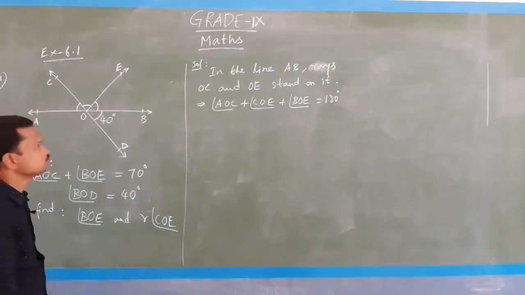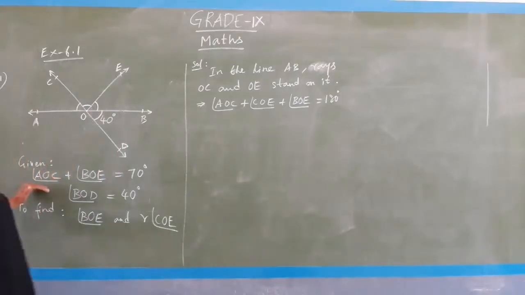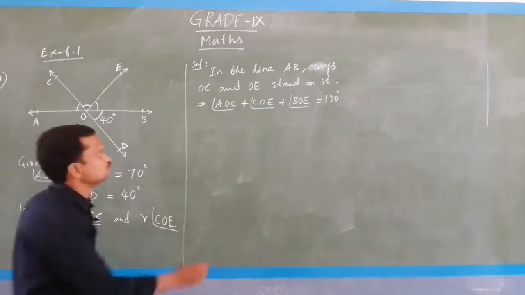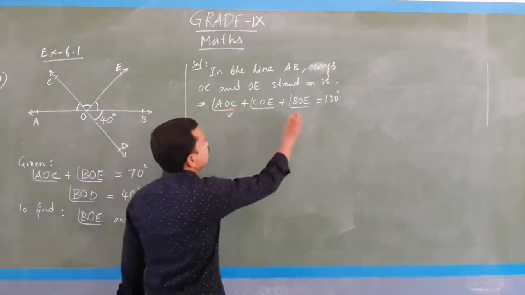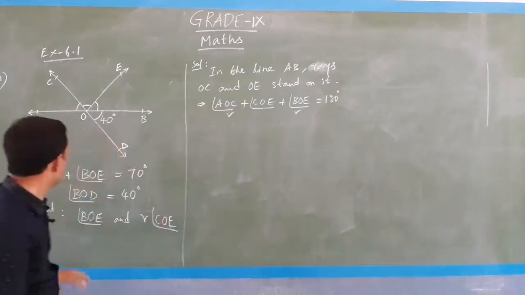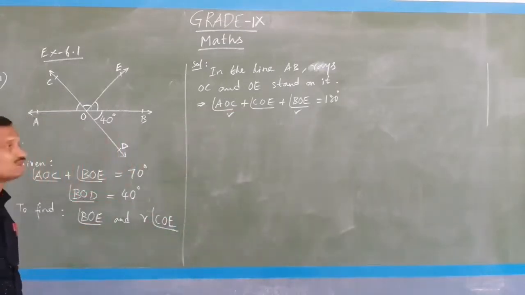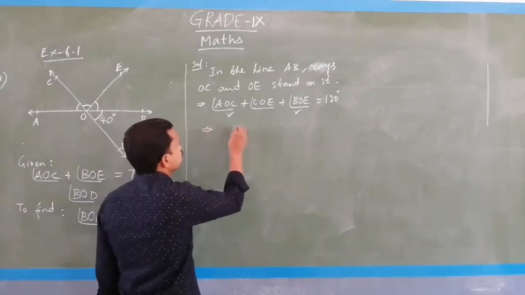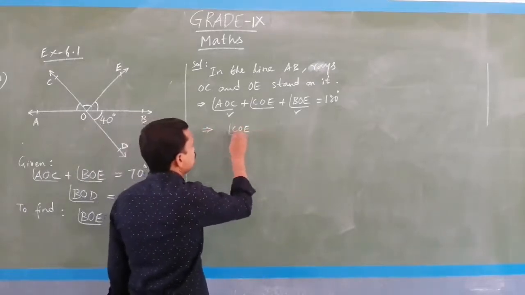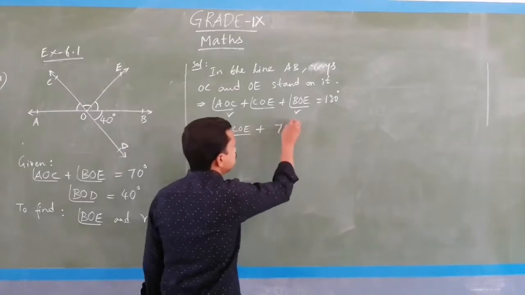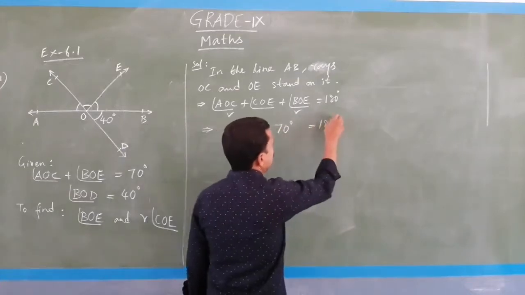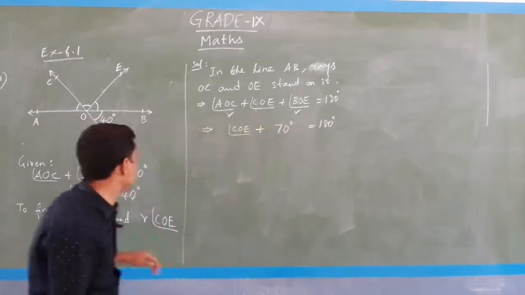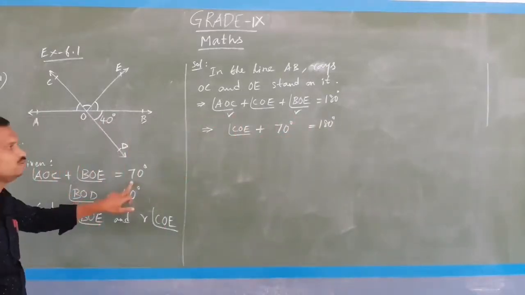And then look at the given part, AOC and BOE 70. So, this one and this one, we can put 70 for that. So, this implies COE plus 70 degree is equal to 180 degree, because AOC plus BOE they have given 70 degree, we can use that.